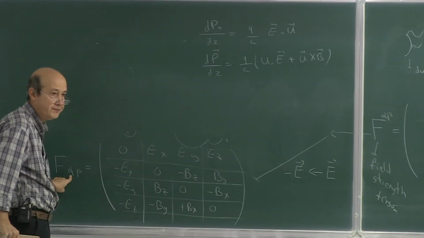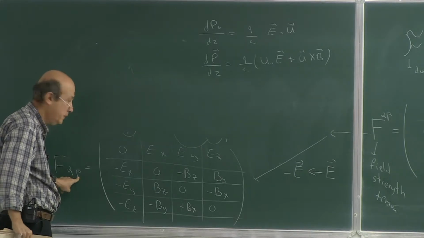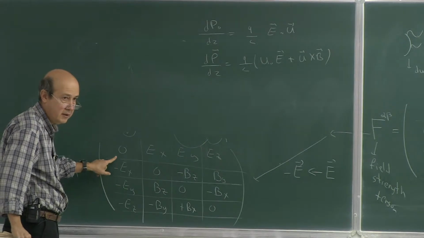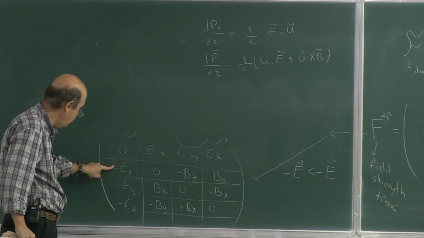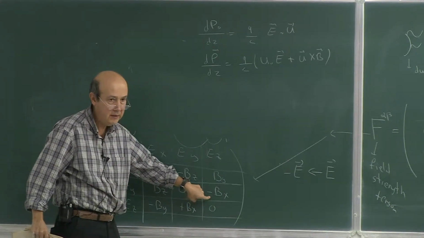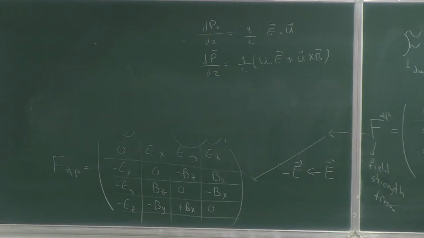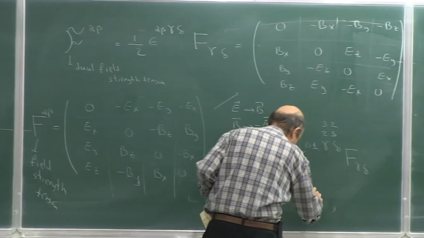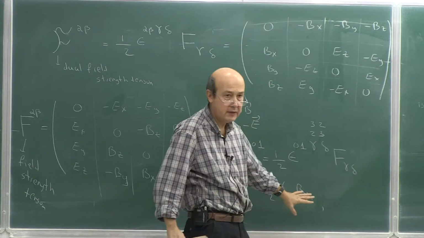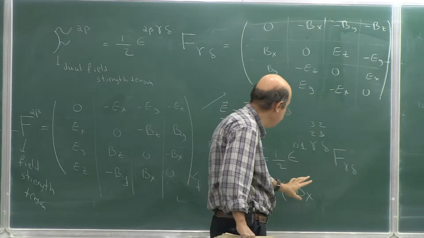This should be 2, this should be 3. What is the 2, 3 here? That is the cell minus Bx. So minus Bx, and x represents the x component, sorry.